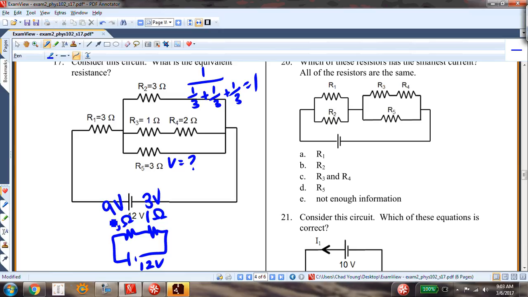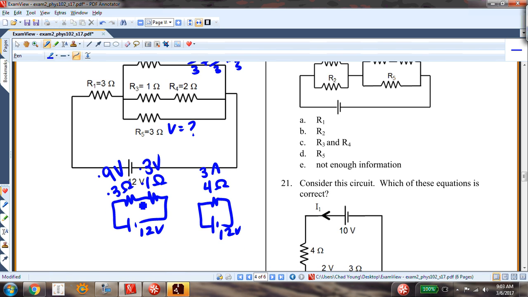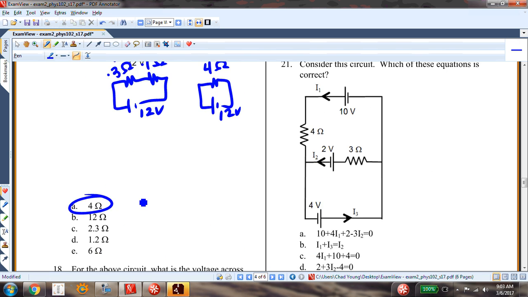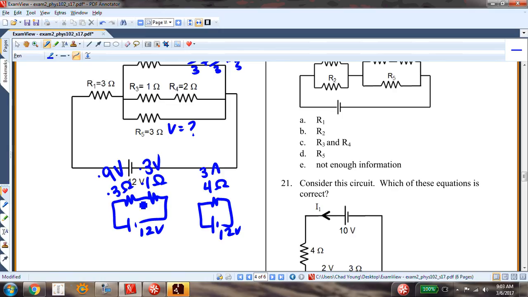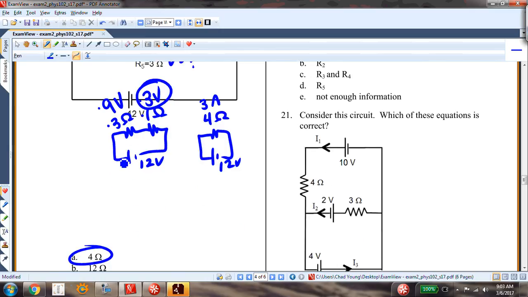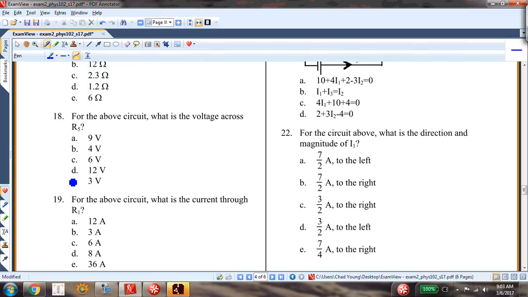Or I could say this is a 4 ohm resistor with a 12 volt battery, so it has to have 3 amps of current. So I say 3 times 3 to give me 9, 3 times 1 to give me 3, doing I times R. Now, what am I looking for here? The voltage across R5. So R5 will have this voltage, 3 volts. So number 18, that's E.